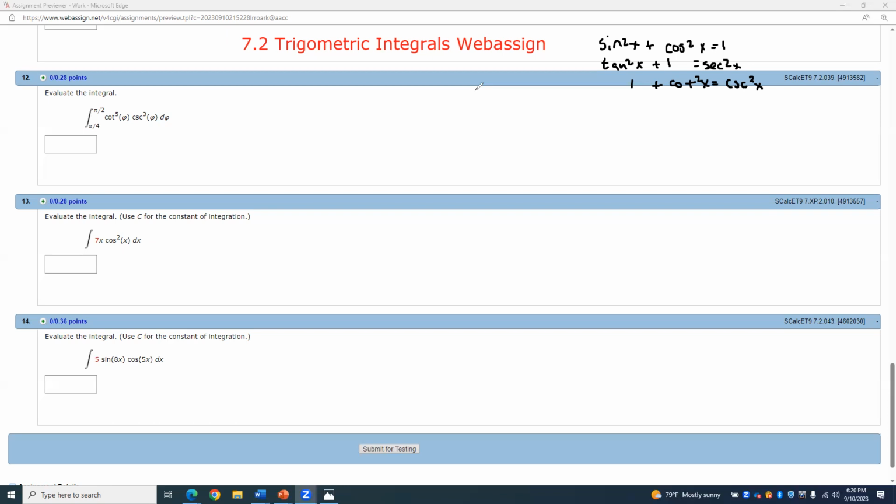So for instance, number 12 on this particular homework is a definite integral. So it's like, okay, I know I'm going to have to end this by evaluating some trig on the unit circle and such, but that's all right. I'll deal with that later. And then it's cotangent to the fifth of, and they use the lovely Greek letter phi, times cosecant to the third of phi, all in d phi.